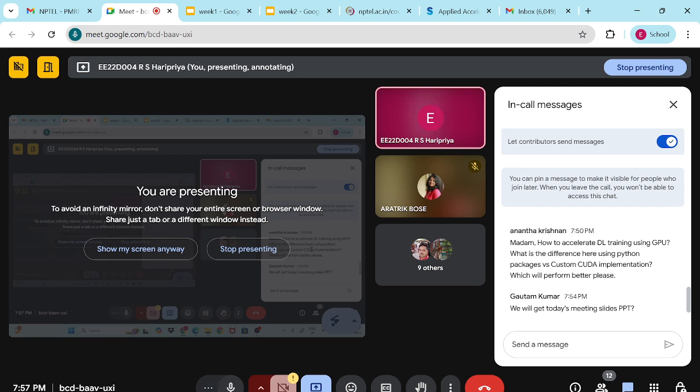Also we have to see the flexibility between the platforms and frameworks. As I already said, the Python packages are already highly optimized.